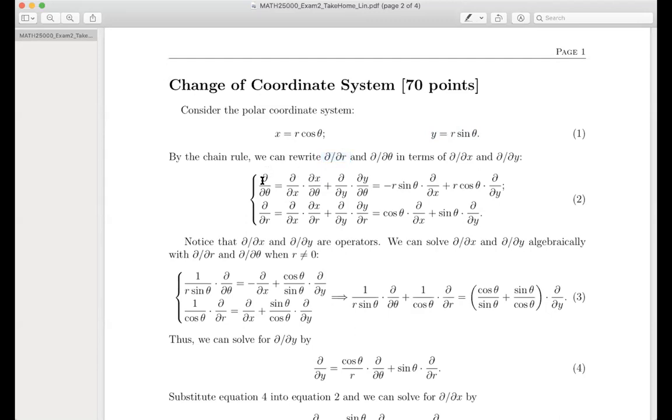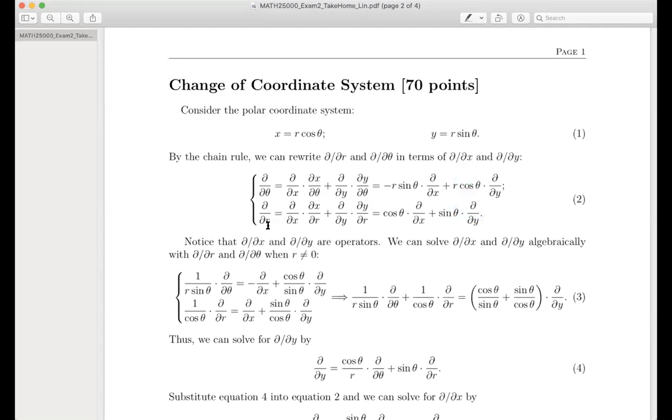Partial over partial theta is partial x times partial x over partial theta plus partial y times partial y over partial theta. From this formula, you can get partial x over partial theta, which is minus r sine theta, and partial y over partial theta is r cosine theta.